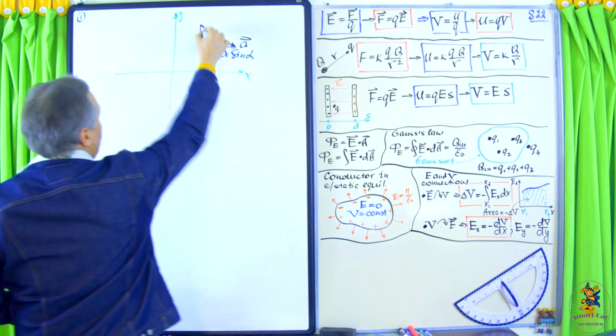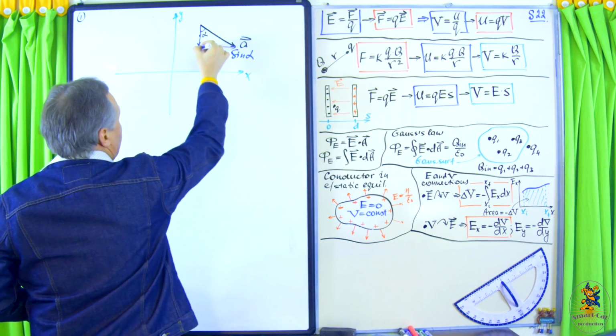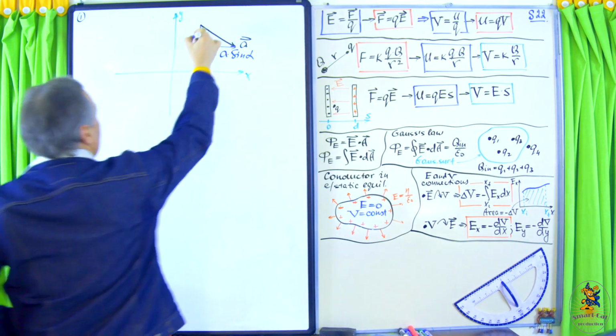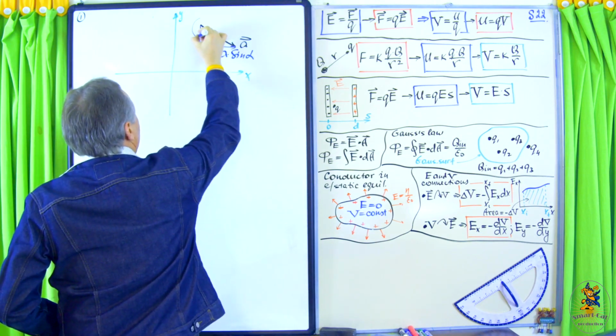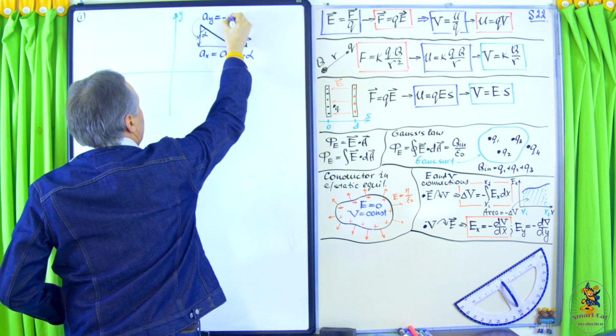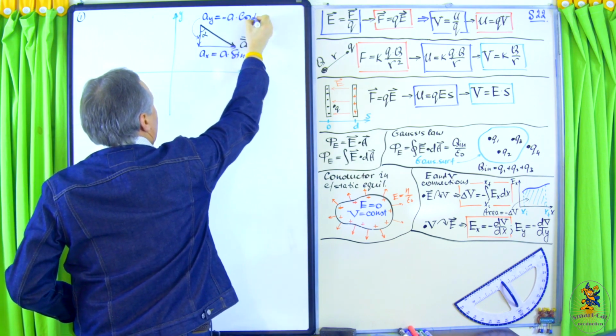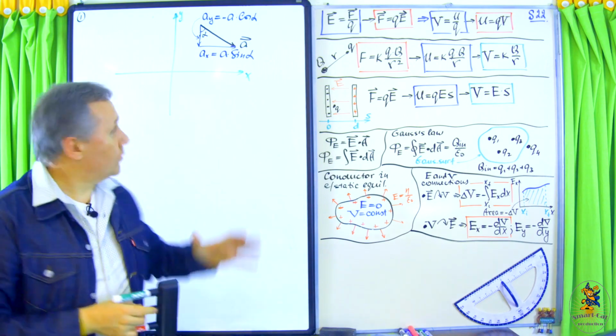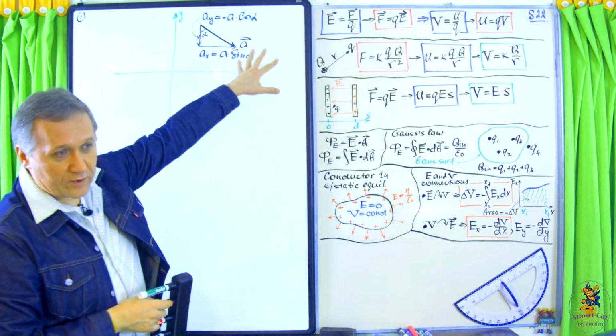The y component points down, so it must be negative, right? So A sub y will be equal to minus A times cosine alpha. And guys, be comfortable with these functions, sine and cosine.